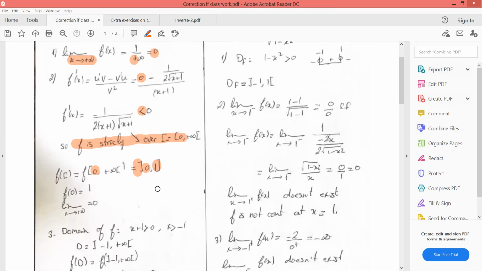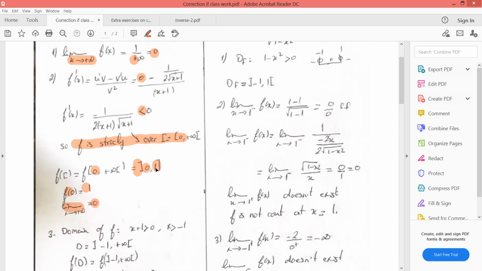Okay. Sir, I didn't understand this. To find the image of the interval, right? Here f is decreasing, yes. On the side you find f of 0 is 1, and the limit at plus infinity is 0. We arrange them.